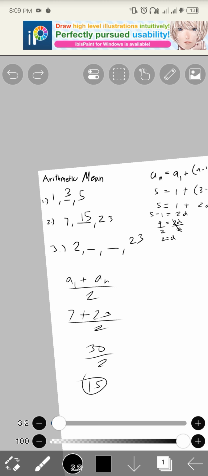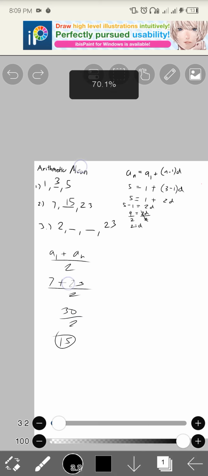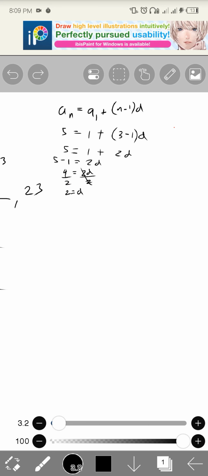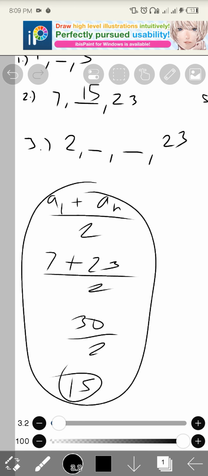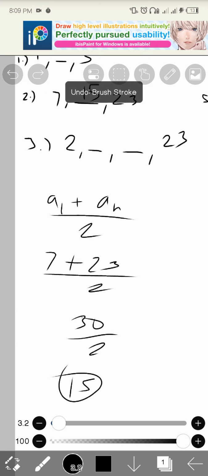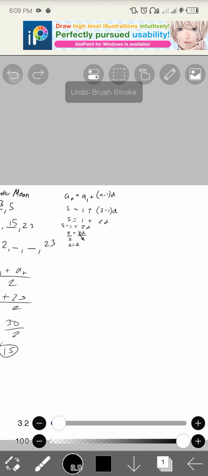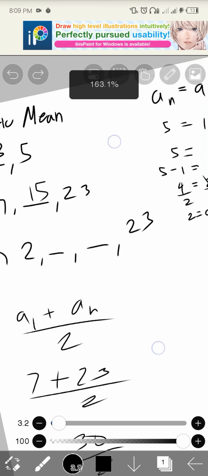If it's an odd number, so let's say 1 arithmetic mean between blah blah blah, or 3 arithmetic means 5, 7, 9, and so on, you can use the average formula, since it's easy. But if it's an even number of arithmetic means being looked for, you're forced to use this formula.